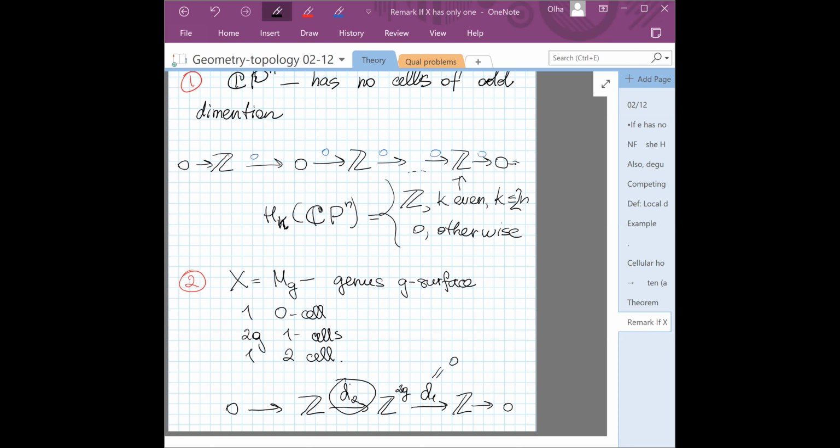I'm going to skip this and just say that to compute D2, we're going to need to look at the CW structure. It's so much time.